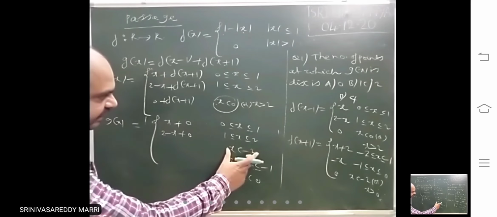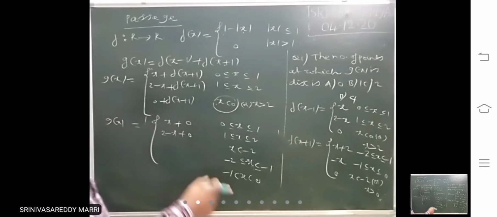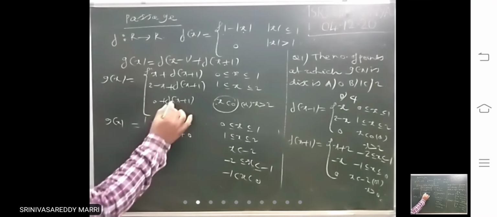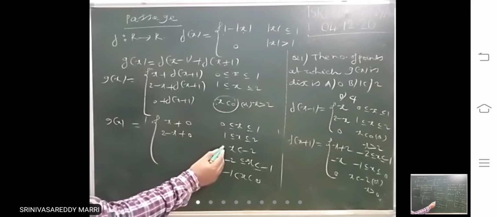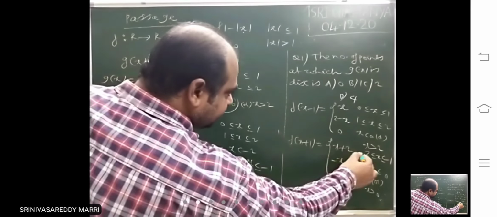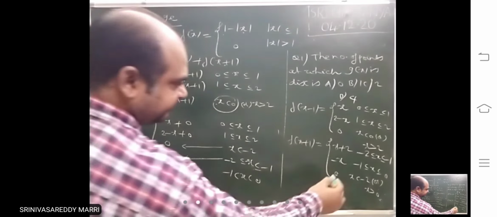When x less than minus 2, f of x plus 1 is what? When x less than minus 2, this is 0. That means this will become 0. When minus 2 to minus 1, what is the definition? X plus 2. Minus 1 to 0, what is the definition?